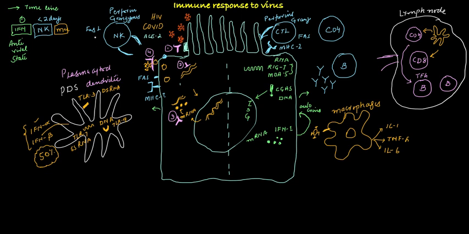So these cytotoxic T lymphocytes on the timeline are the next cells, CTLs, and it takes around 6 days for them to come and perform these actions of eliminating them.